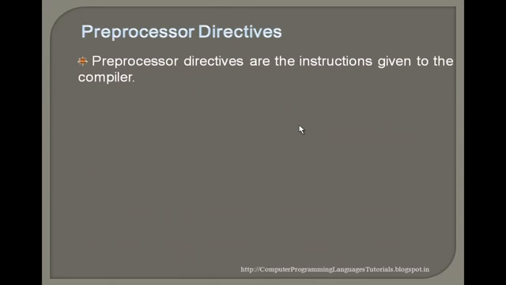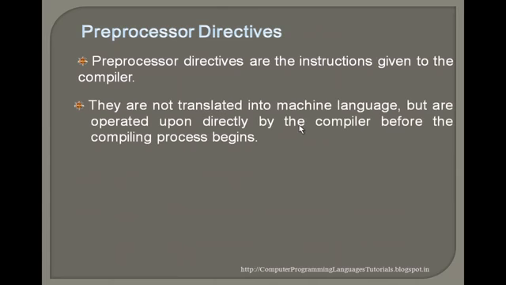Before that, there is a simple concept of preprocessor. As the name implies, preprocessor: pre and processor. It means that before processing your program, some other part is also there in your program, and that part is known as preprocessor. These preprocessors are used to give some instructions to the compiler.